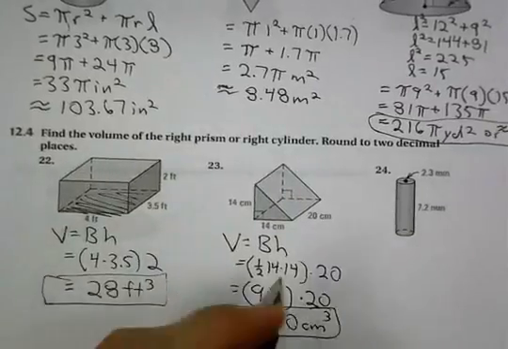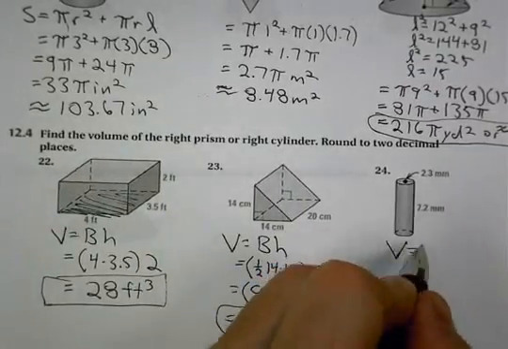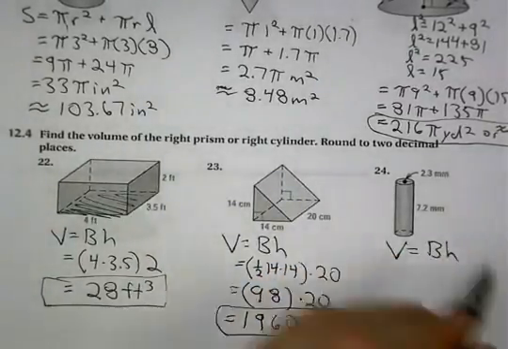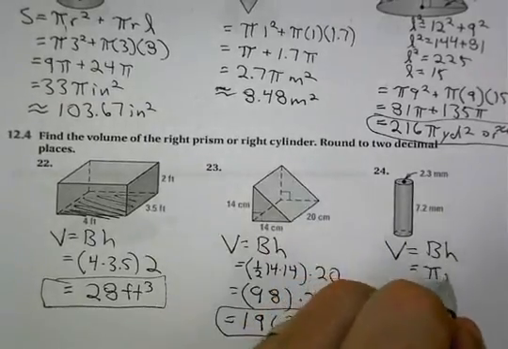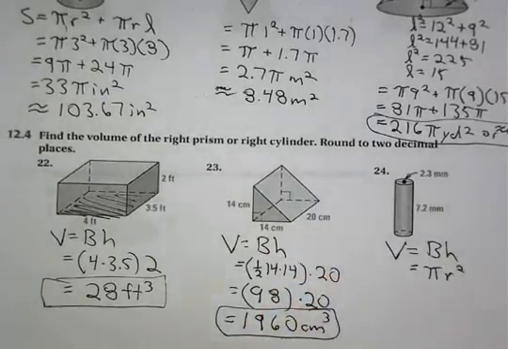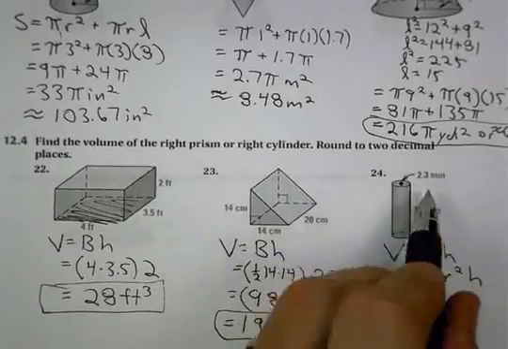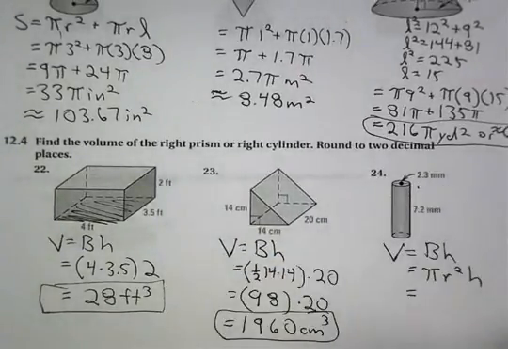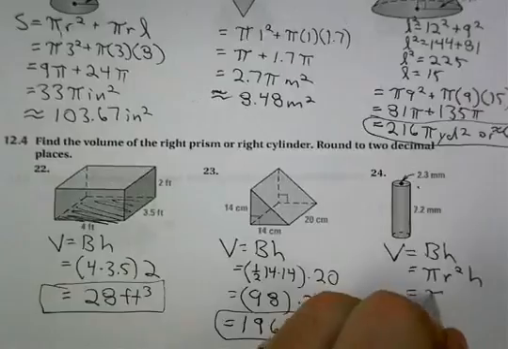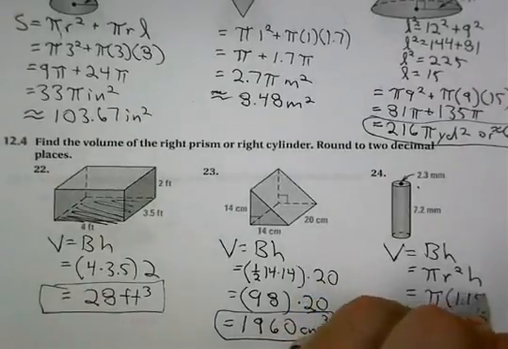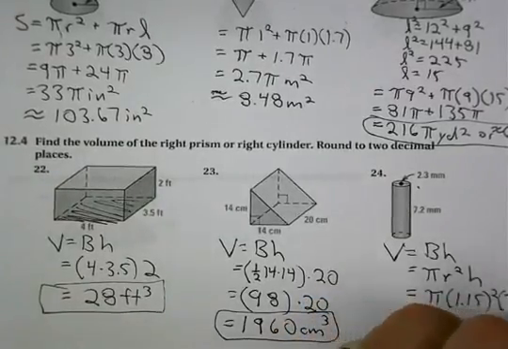Okay, 24, we're now looking for volume of a cylinder. Well, we started off with this formula for a prism. We just apply the fact that it's pi r squared for a circle. So I take half of this diameter. So half of 2.3 is 1.15 squared times 7.2.